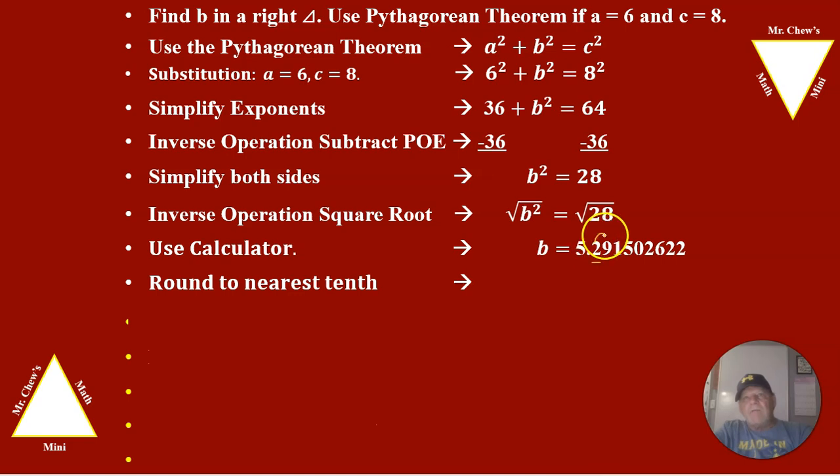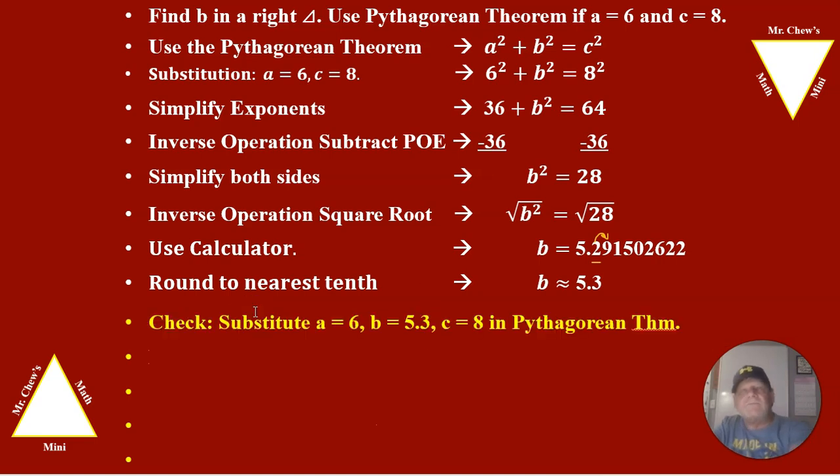I look to the right of the 2 and ask, is the number to the right of the 2 a 5 or greater? Yes, it is. And if it is 5 or greater, you bump that 2 that I underlined up to a 3. So if you notice, my equal sign, which was all these digits that come off of the calculator, ends up being now an approximation, a double tilde, because I rounded it.